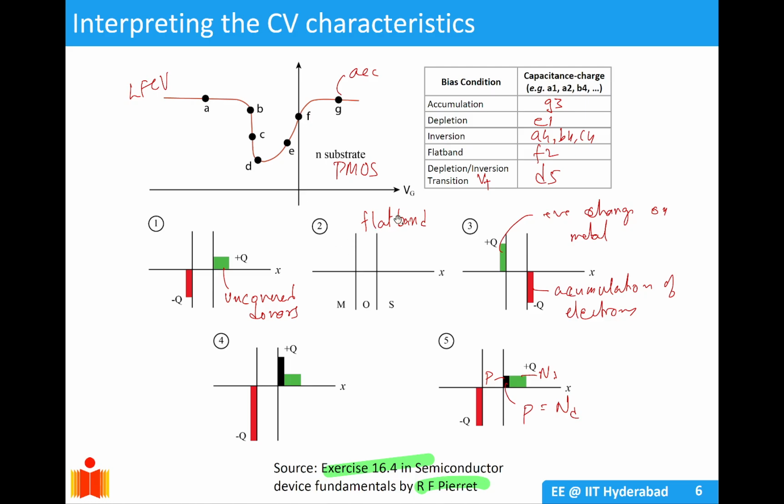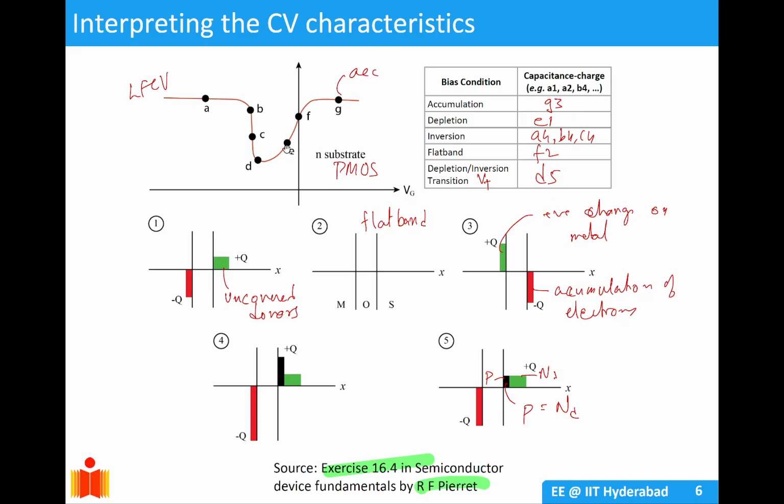In a flat band condition there are no charges. Your gate is at zero voltage, so there are no charges in the gate, and there will be no charges in the semiconductor also because it's in flat band condition.